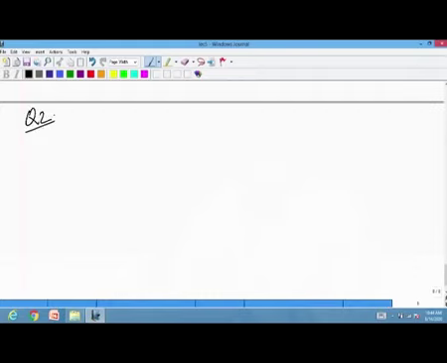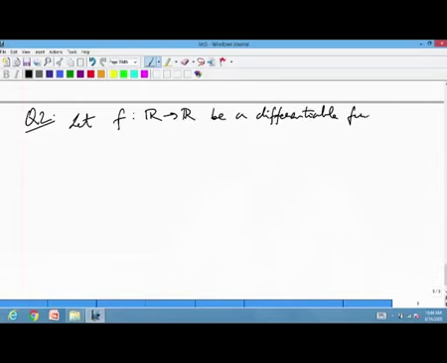Let us do second problem. Let f from R to R be a differentiable function such that f of 0 equal to 0.